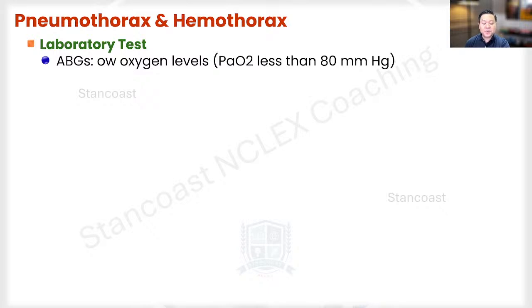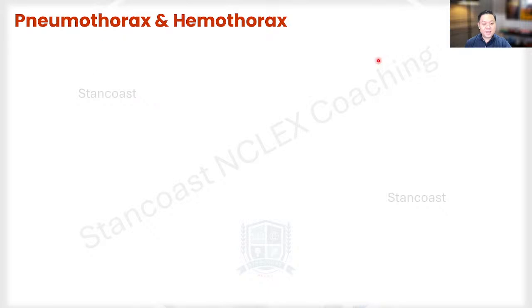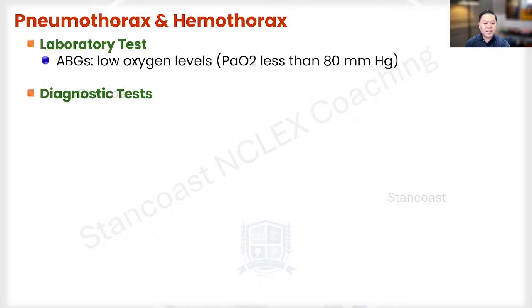There will also be a drop in the oxygen concentration, maybe less than 80 mmHg. All right. So that is an expected assessment finding in our patient. Again, the arterial blood gas will reveal a decrease in the oxygen level.